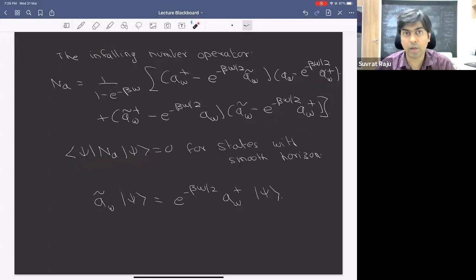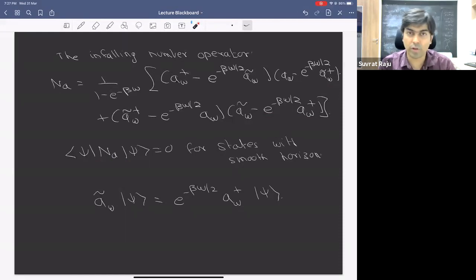The reason I'm calling it the infalling number operator is that if you go back to Birrell and Davies, this is the operator that gives you the transformation from the so-called Rindler modes to the Unruh modes. So you can think of this operator as what an infalling observer would detect if carrying some kind of Unruh detector.